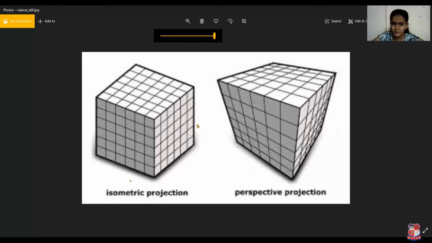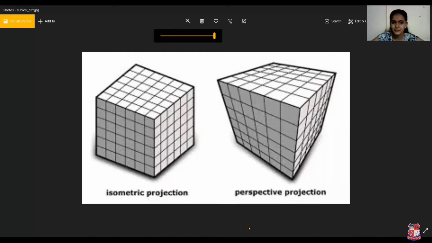But in perspective view, there is no similarity. The faces are a little bit different, or the dimensions are going to be changed. Alright. So isometric projection is a standard drawing, and perspective view also has a standard procedure to draw it, but it may be different every time.